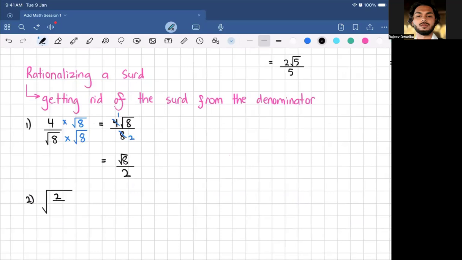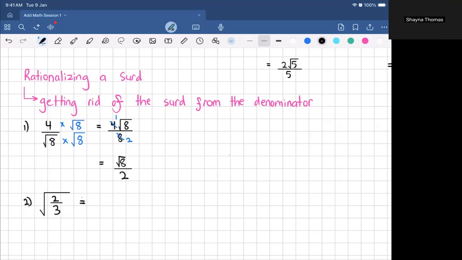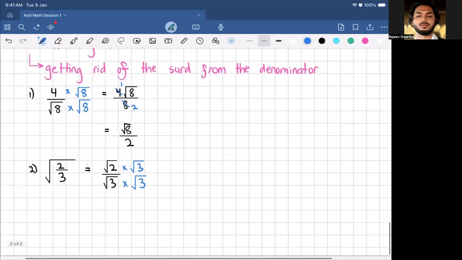So, Sheena, we're going to try root 2 over 3, and I want you to tell me what to do. How am I going to work that out? What is the first thing I have to do? Separate it. All right, we're going to separate it into root 2 over root 3. What's next? Root 3 by root 3, over here and on top. So what are we going to get on top?